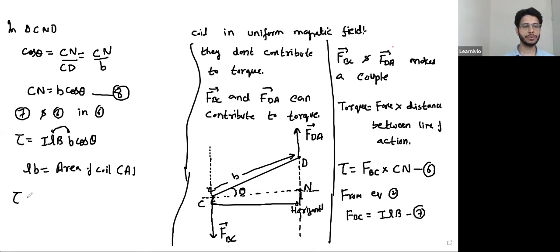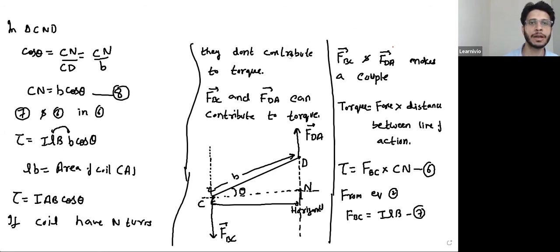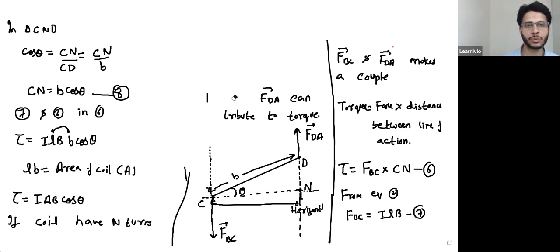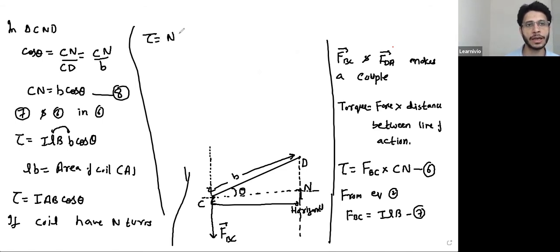So the torque comes out to be IAB cos theta. So how much would be torque if this coil have n turns? Yes, we will simply multiply it with n. So your torque comes out to be NIAB cos theta.